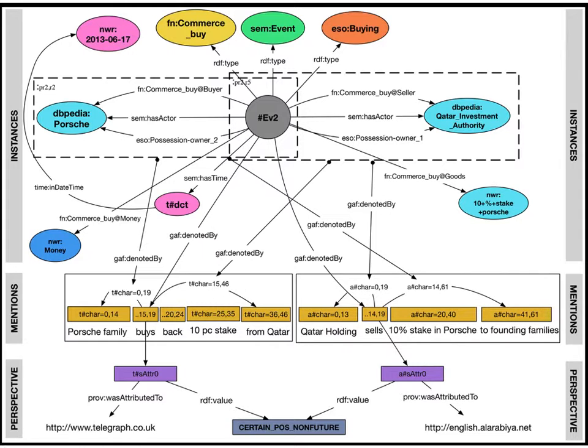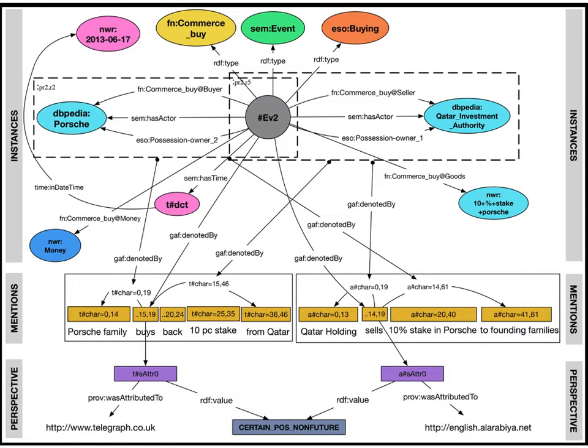We see that the event has GAF denoted by links to buys and sells. The perspective of the sources is represented by prov was attributed to and RDF value links, and is also attached to the mentions. More details on these models can be found in other presentations and the website.